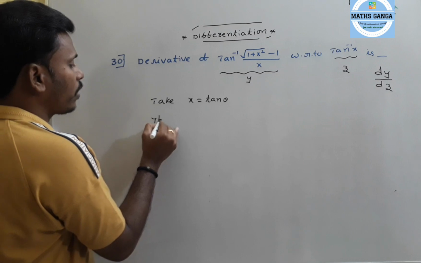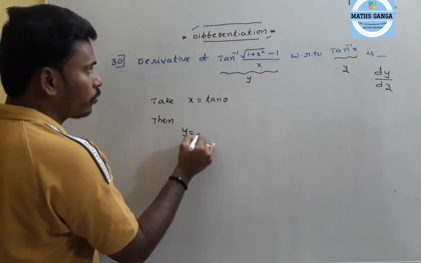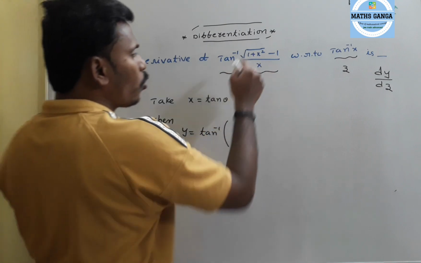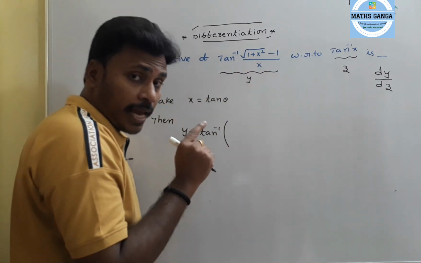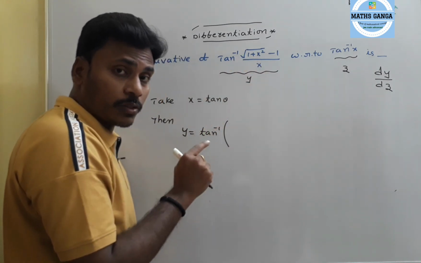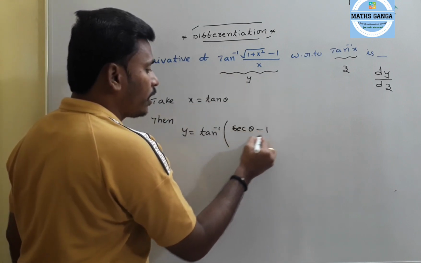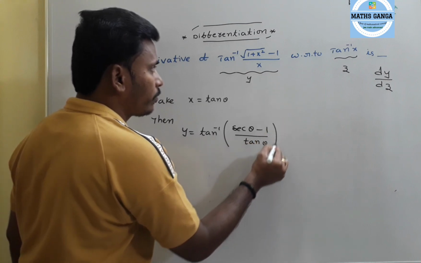If you take x is equals to tan theta, then y is equals to tan inverse of root of 1 plus x square. X is tan theta, so tan square theta plus 1 is secant square theta, root of secant square theta is secant theta, minus 1 by tan theta.